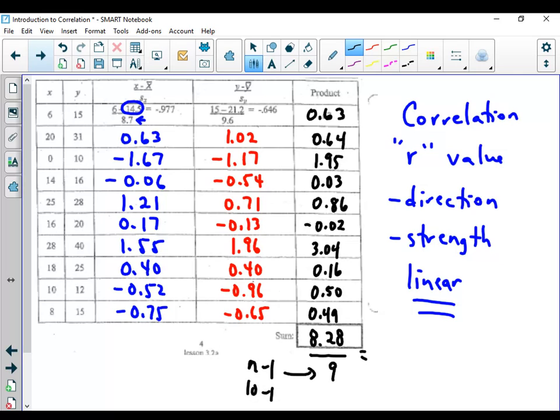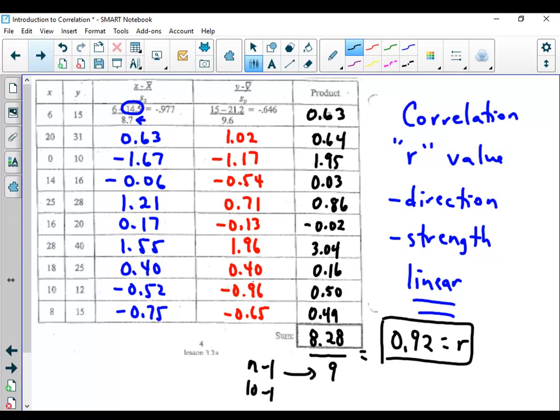So if I take 8.28 divided by 9, I get 0.92. This is our R value. Well, that's a lot of work.